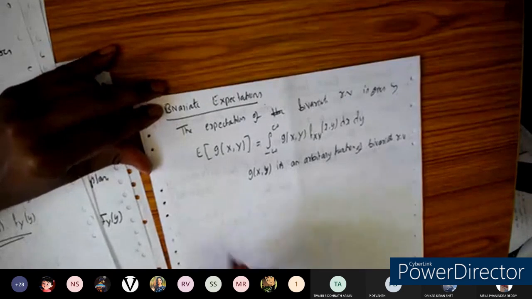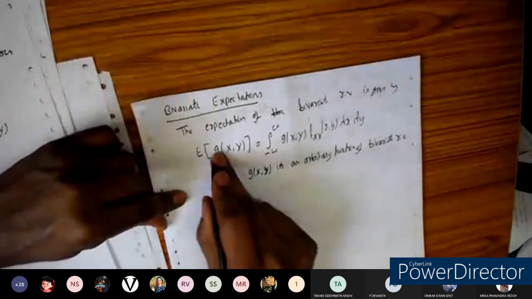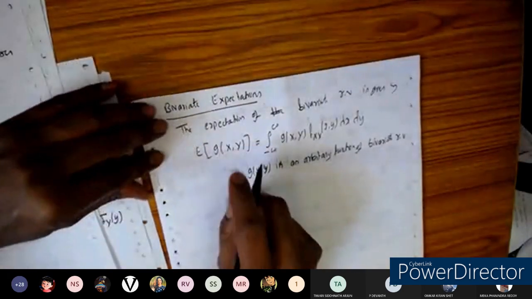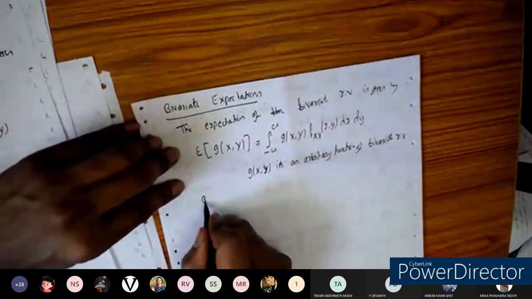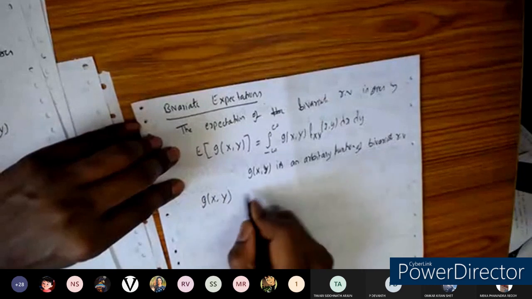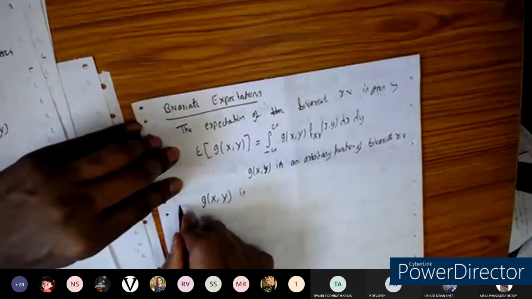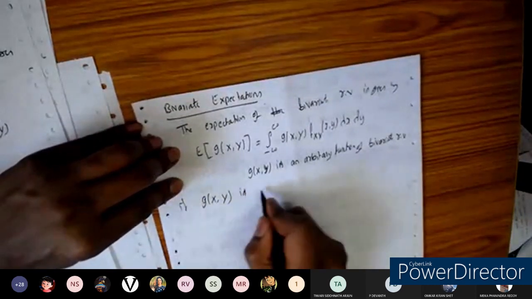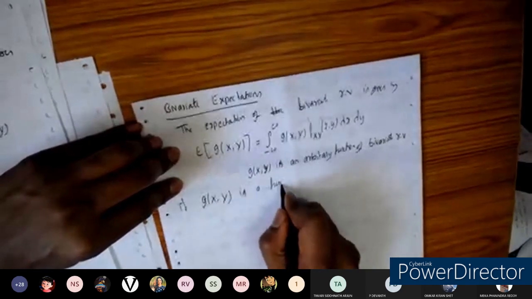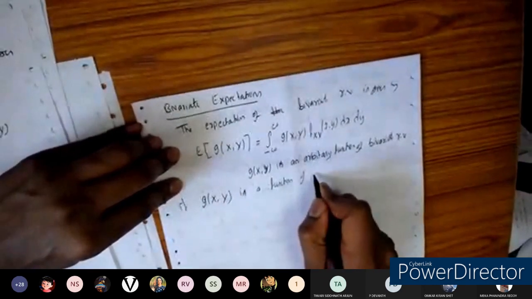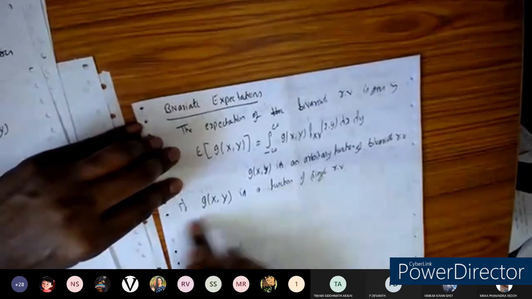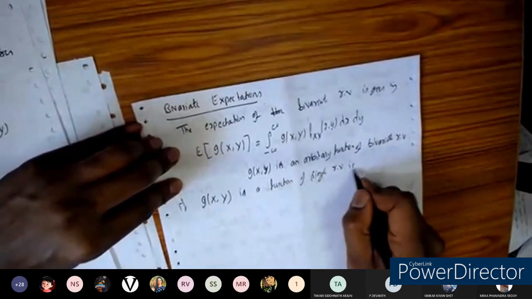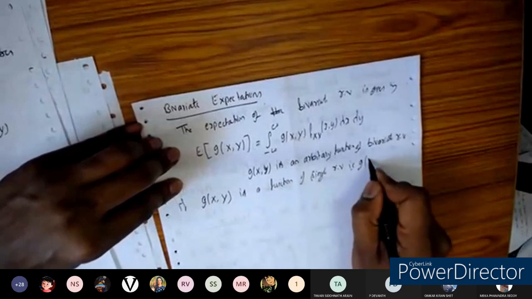Okay, next, suppose g of x comma y is a function of two random variables here. Suppose I consider g of x comma y as a function of a single random variable, that is, we can consider this as a function g of x.